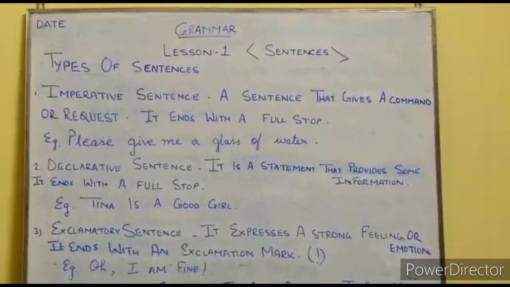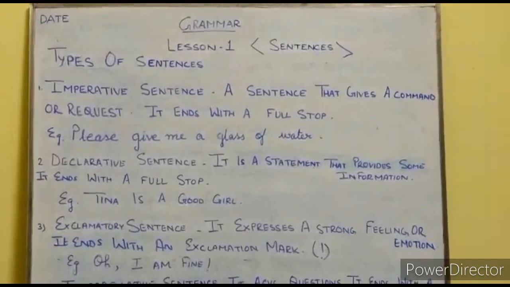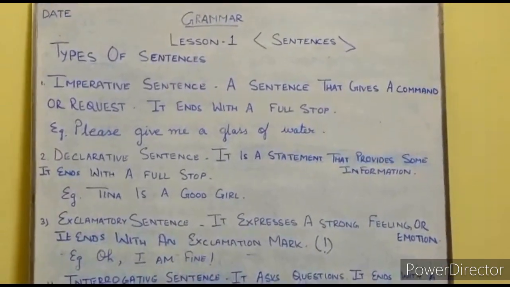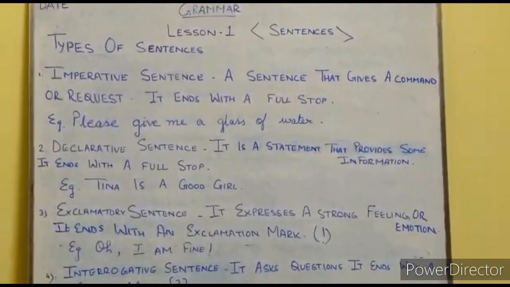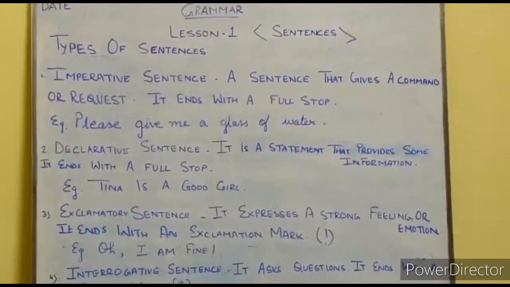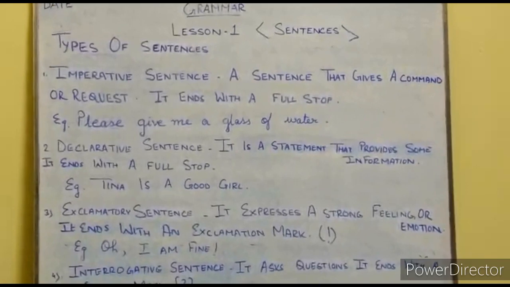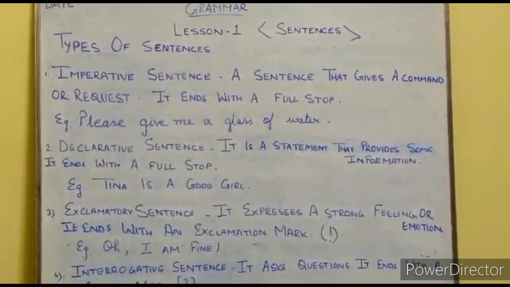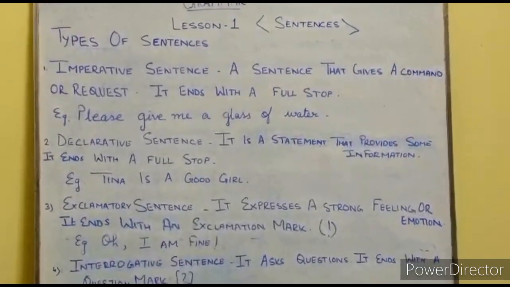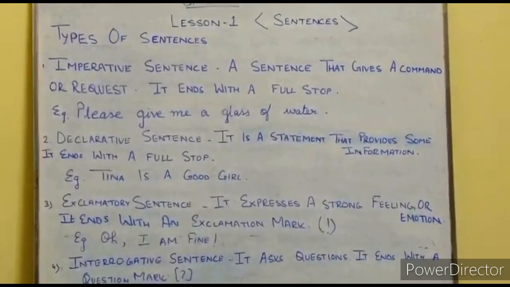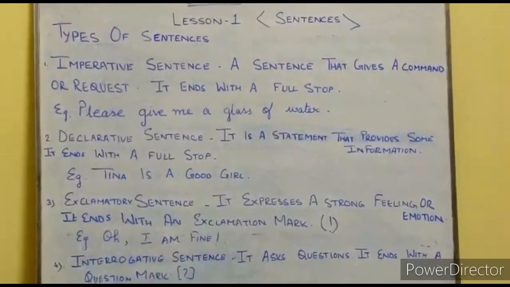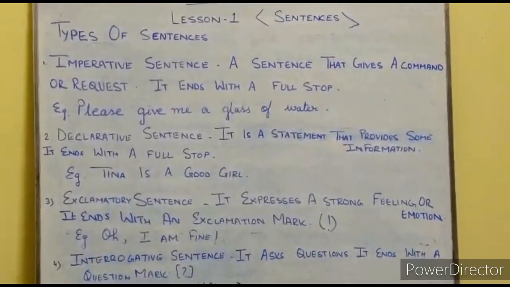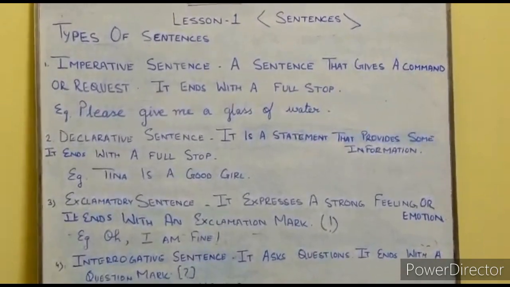Now the next topic is types of sentences. You have to note it down neatly from a new page. Number 1, imperative sentence. A sentence that gives a command or request.